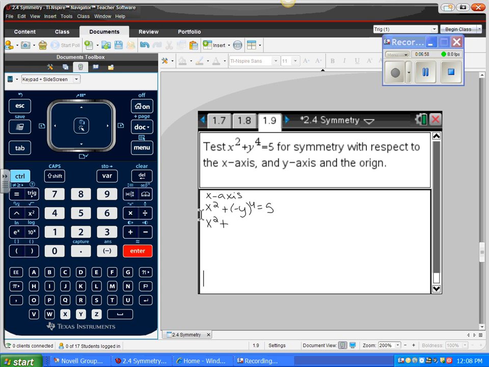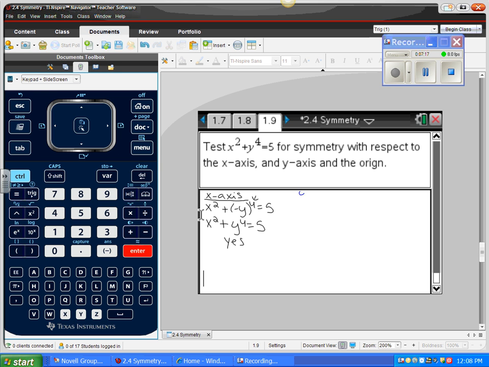X squared plus, now negative y to the 4th. That means a negative times a negative times a negative times a negative. We know that if it has an even power, it comes back positive. Okay? Is that my original? Yes. Okay, so we can say it's symmetric about the x-axis.